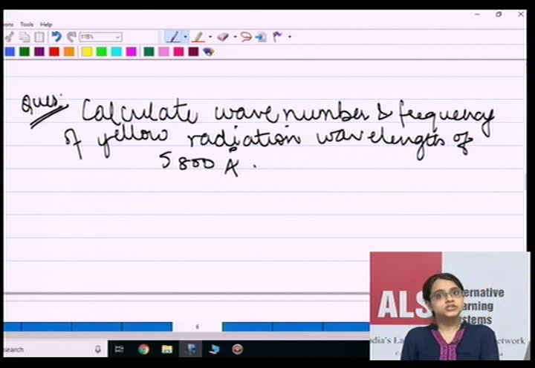Also, in such questions, always pay attention to the units. For example, here you're given angstroms. Most of the formulas have SI units in them, so whichever quantity you're finding, wave number or frequency or wavelength, pay attention to the units, otherwise your answer can be incorrect. And the examiners are also very intelligent.